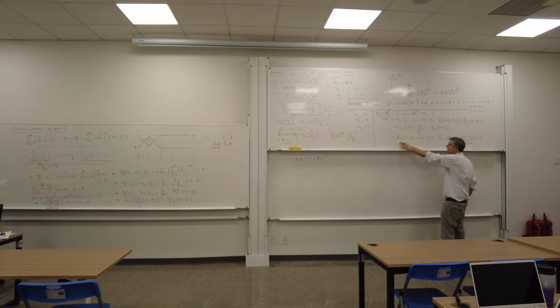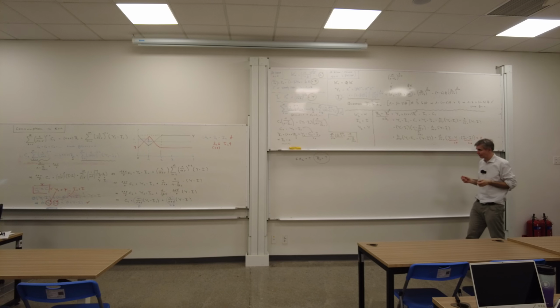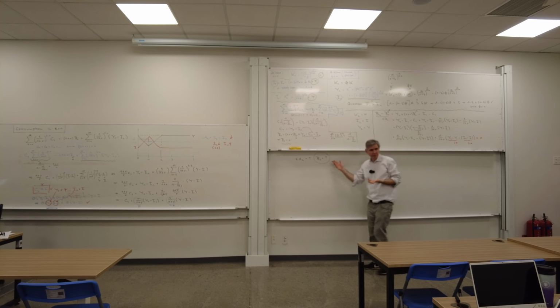And what we've shown is that this is negative because this is smaller than 0 and that's bigger than 0. You have less output in period 1 than in steady state, and you have higher investment. So you're subtracting something that's bigger from something that's smaller. And so we know that B2 is smaller than 0. Now the question is, what can we say about B3?